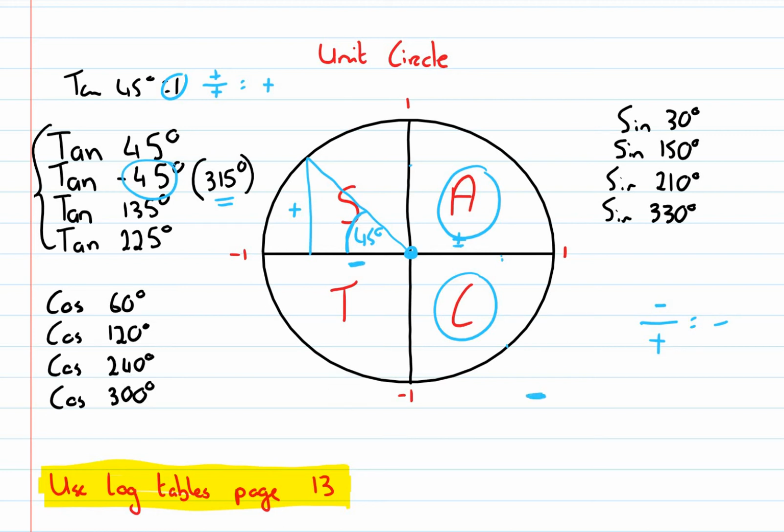So the opposite is minus, the adjacent is plus. Sorry, it's the other way around. Plus over minus. Plus over minus will also be a minus. So in this quadrant, tan will be negative again. And that makes sense because look, there's an S here.